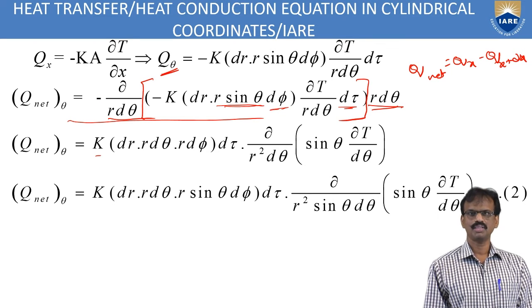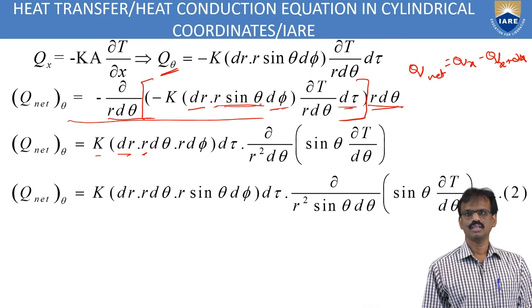So minus and minus gives plus k into dr, next r, and sin theta comes under the derivative portion, then d phi.